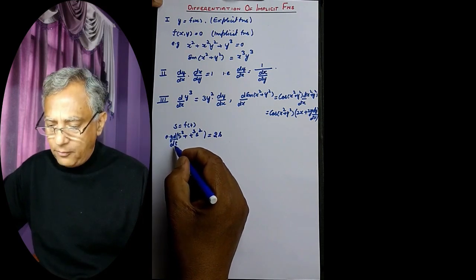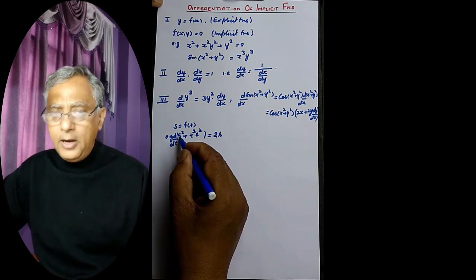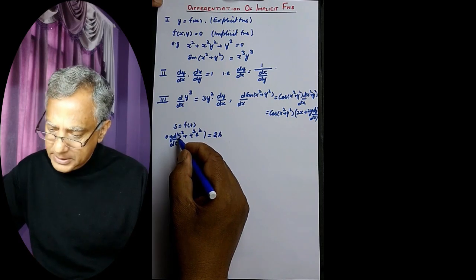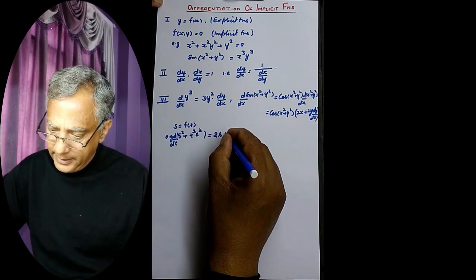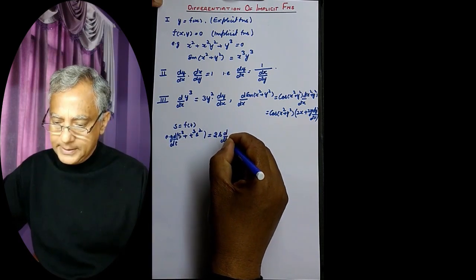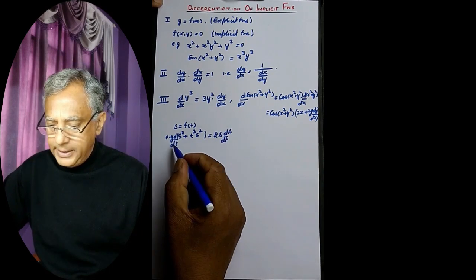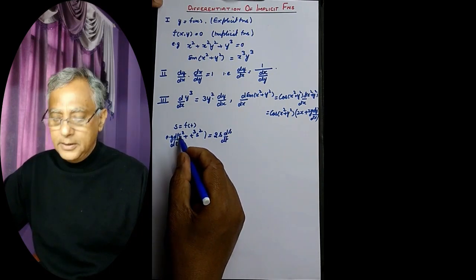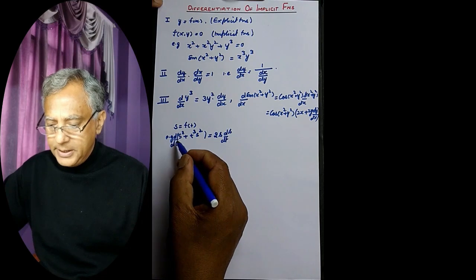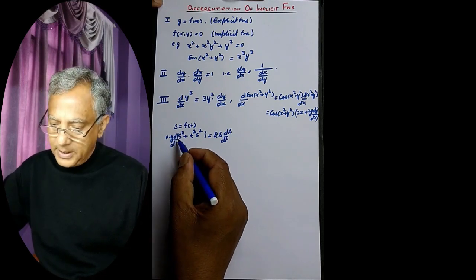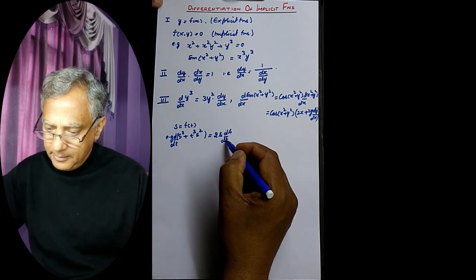We are using the formula for t square for s square, so we must take ds by dt.